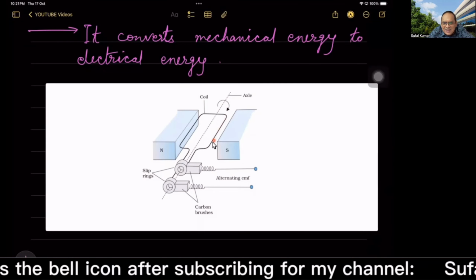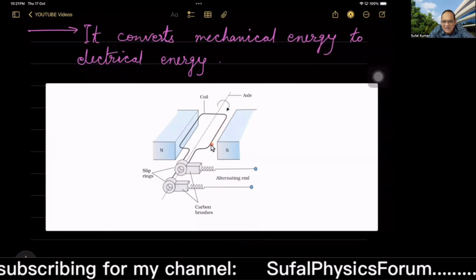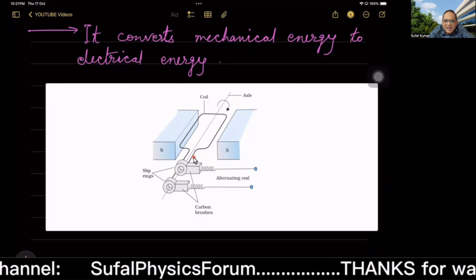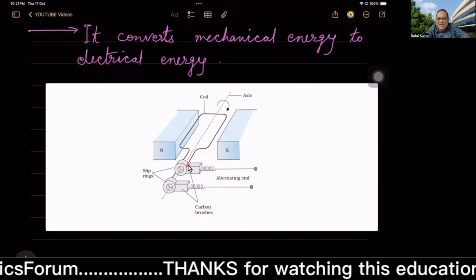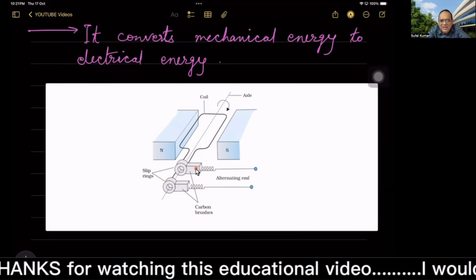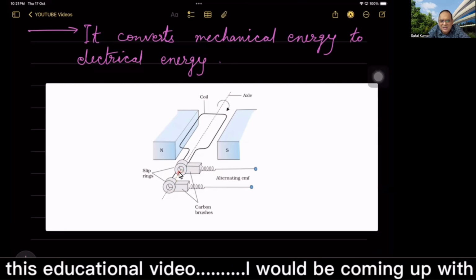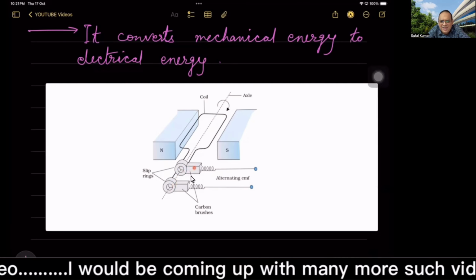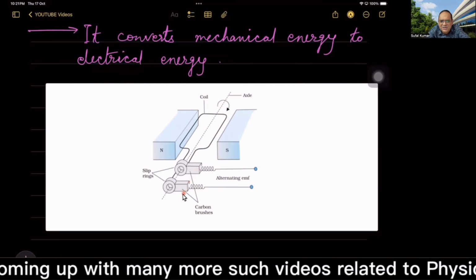That means like this, and here is the slip rings arrangement. These two are slip rings, and these are carbon brushes.